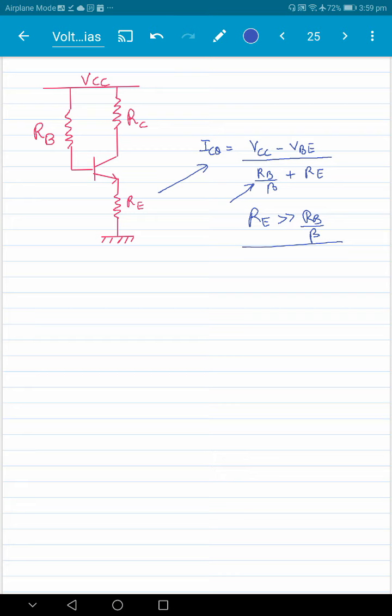The reason for this is clear, because you should not just look at the beta insensitivity. As we are saying, there are many other factors, right? We looked at voltage gain, input resistance, swing, and all of those things. So a very quick analysis will tell you that if you try to make RE much larger than RB by beta here, then ICQ will primarily become VCC minus VBE by RE, right?